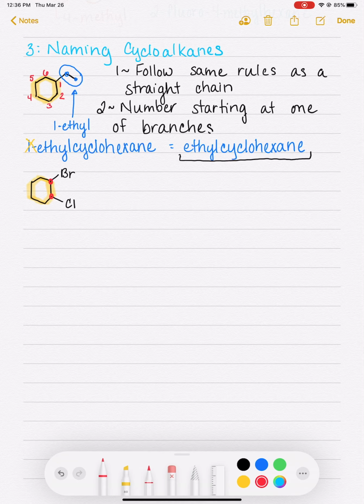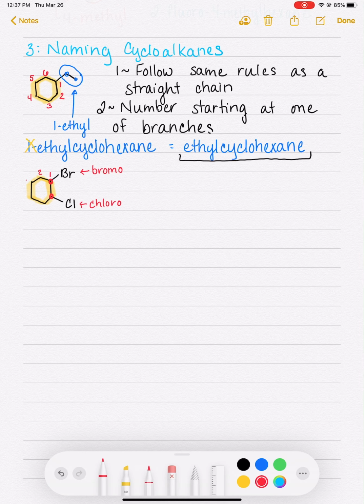Typically, the best thing to do is to think about alphabetization. This substituent, which is bromo, comes before chloro in the alphabet. So we should give that guy carbon number 1, just to be consistent with alphabetization. And that's the way that we break a tie when we've got 2 potential number 1 carbons. When we continue numbering around this ring, we do have 2 options.